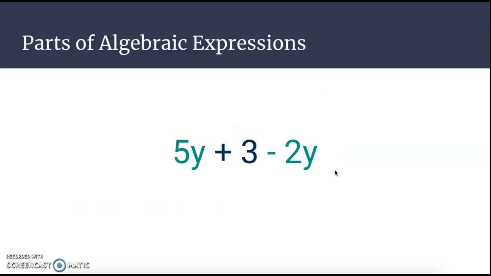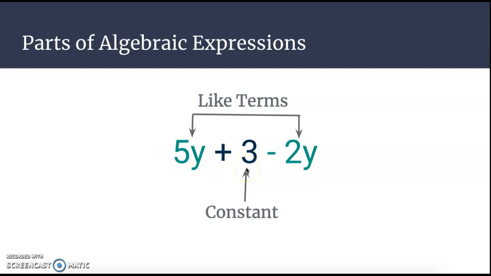Okay, here's another example. 5y plus 3 minus 2y. In this expression, 5y and negative 2y, I'll explain that more, but 5y and negative 2y are like terms because they have the same variable. They both have y's. Okay? 3 is a constant, and it's the only constant in this expression, so it does not have a like term.